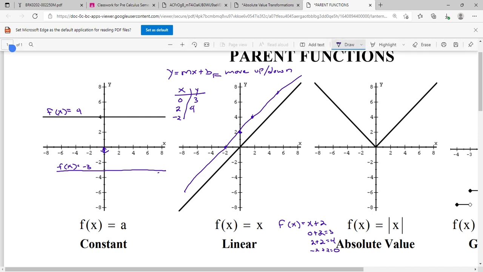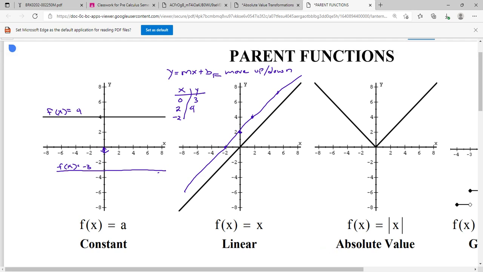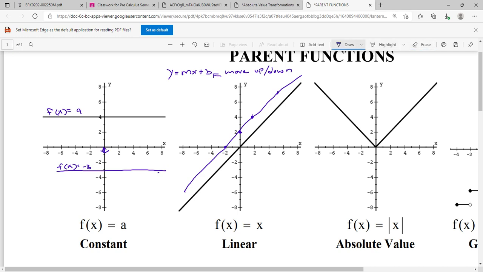Right? If we did a negative number, so let's say that we did f of x equals x minus 4, right? If we had our x and our y chart right here, and remember y is just f of x, right? So if we said 0, 0 minus 4 would be negative 4, so we would be at x equals 0, y equals negative 4, that'd be down here.